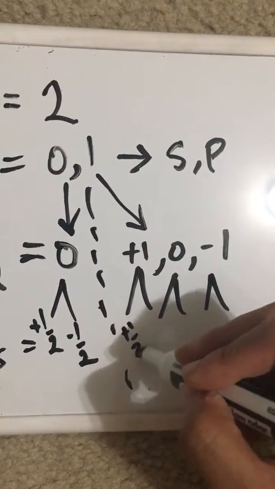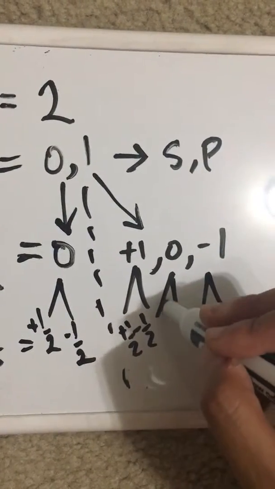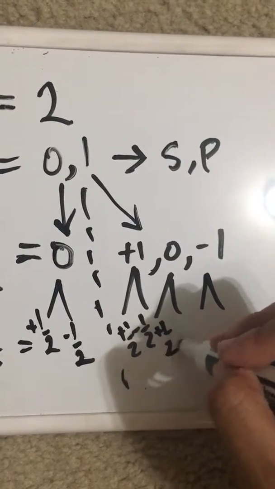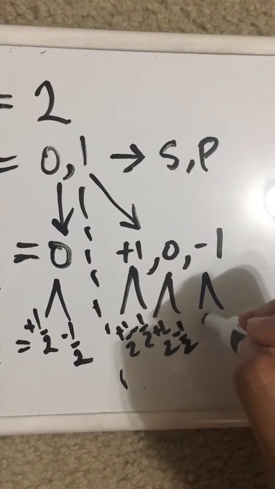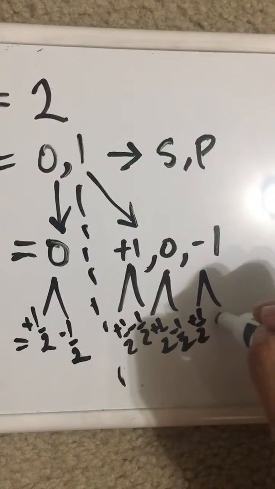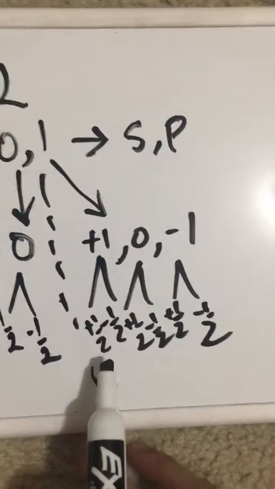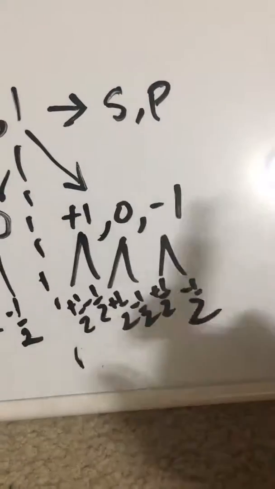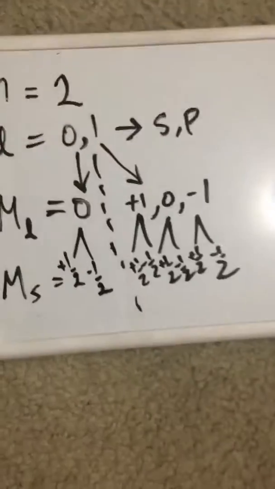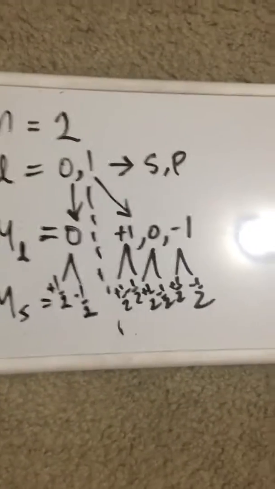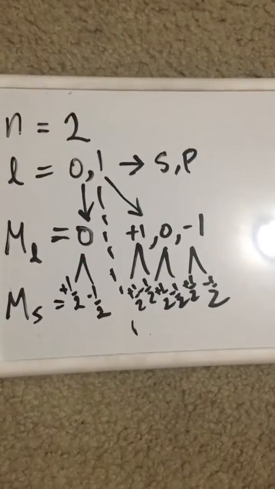So this one has plus 1/2, minus 1/2. This one has plus 1/2, minus 1/2. This is plus 1/2 and minus 1/2. That just shows that there are 2 electrons in each orbital. And so, how many electrons are in total for the second energy level?